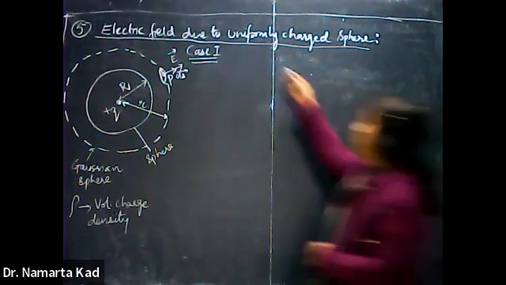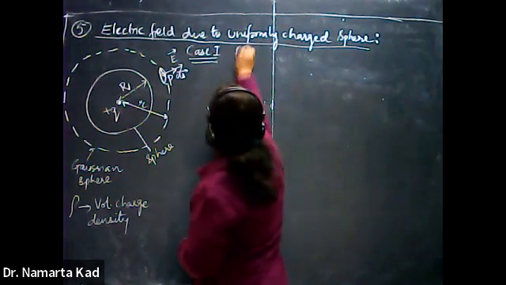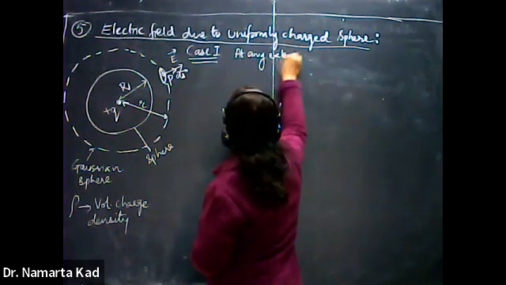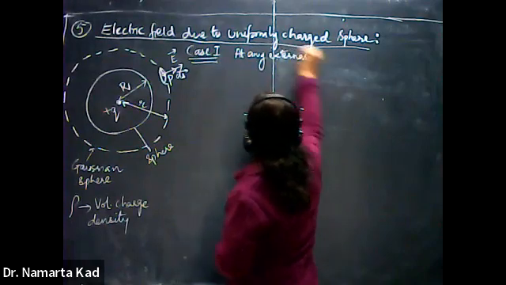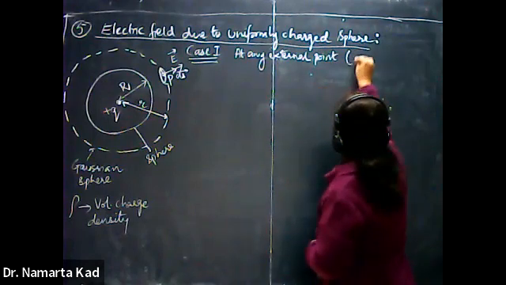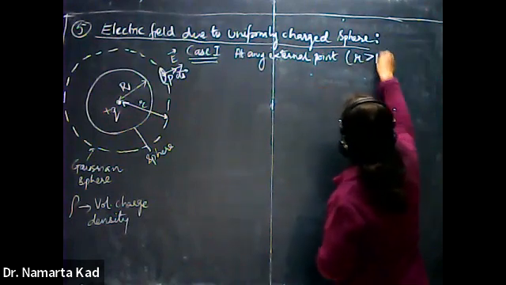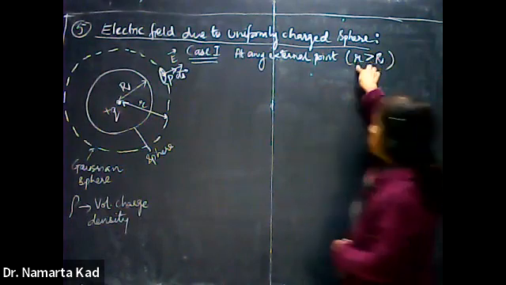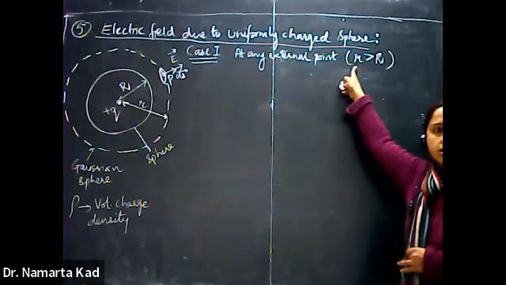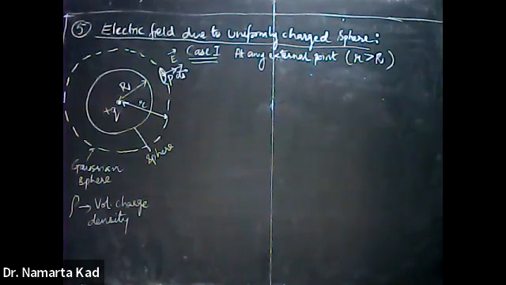So just take it as the first case, at any external point, that is, when r is greater than R. So here we are considering a point P that lies outside the charged sphere.